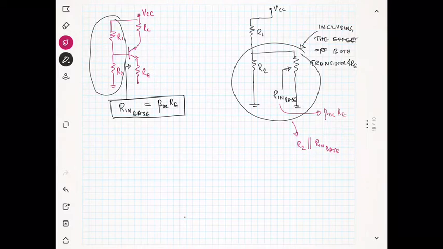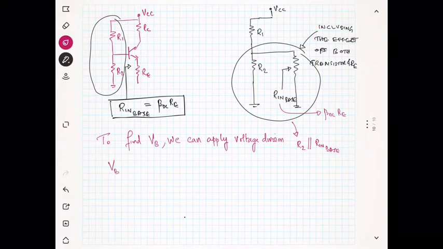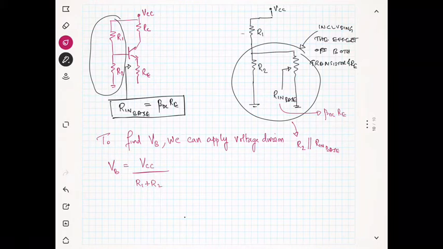Now to find VB, we can apply voltage division, right? Voltage division. So by using voltage division, VB is equal to VCC over R1 plus R2, because there are two resistances, one is R1 and another one is R2, but it is not simply R2.